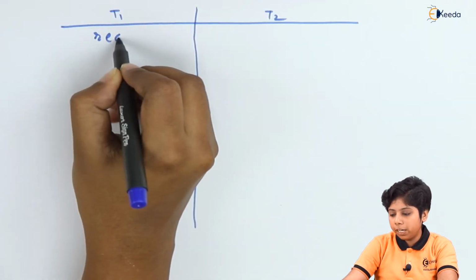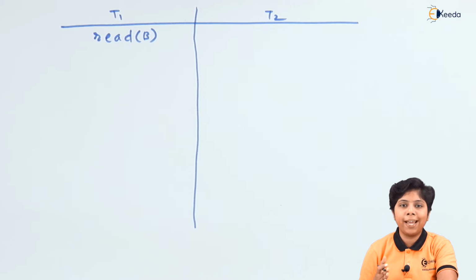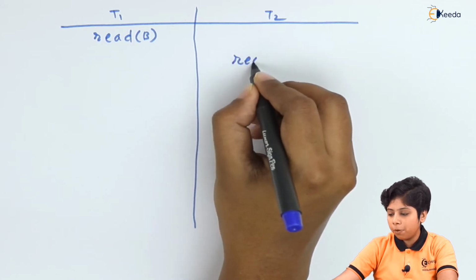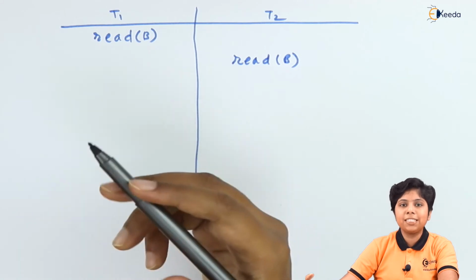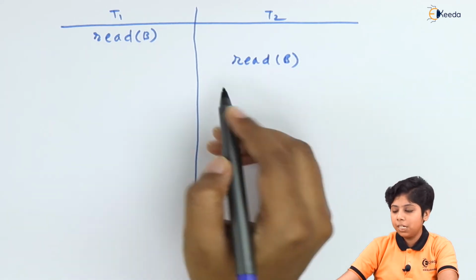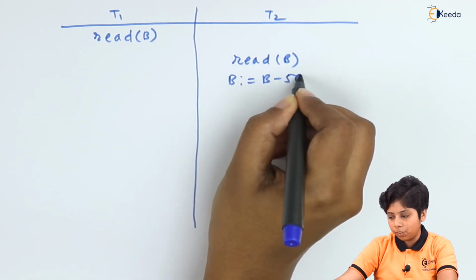First we issue a read operation, read B, on T1. There is no other transaction, so the read B can be done, because there is no question of rejecting it. Note the R-timestamp on B that has been set. Now on transaction T2 we perform read B again. The read is also not less than the W-timestamp, so it will be performed, and now we have the update B minus 50.